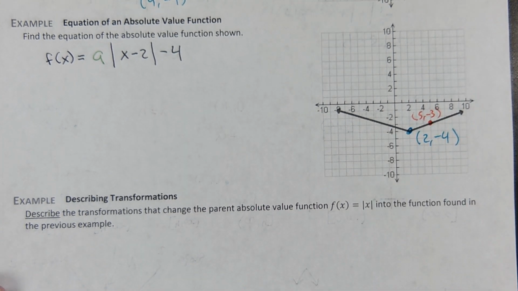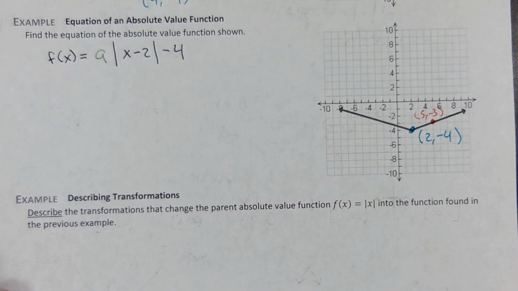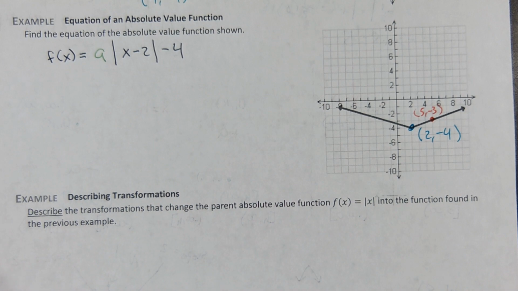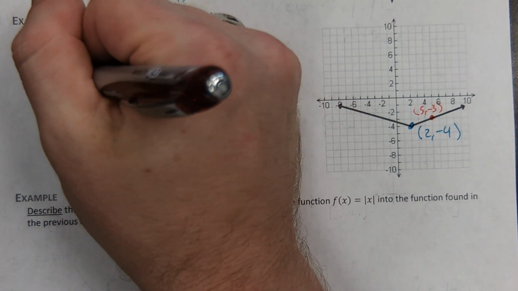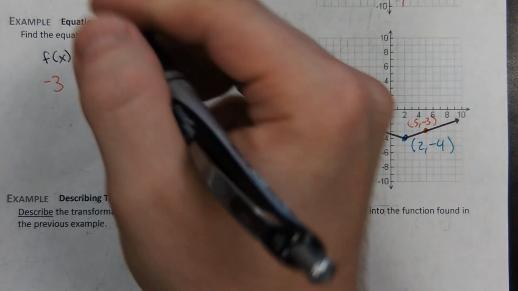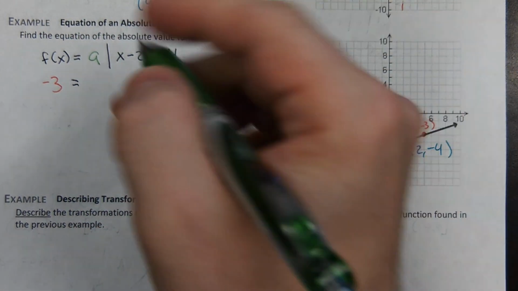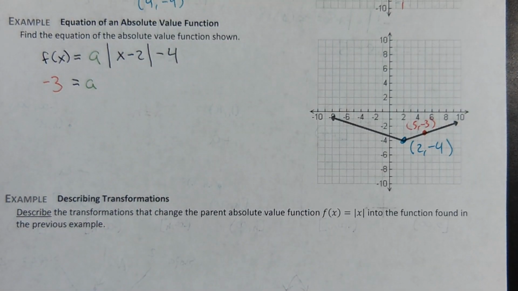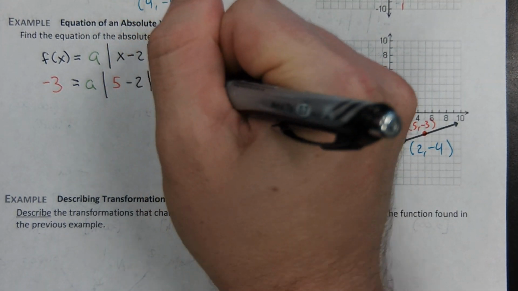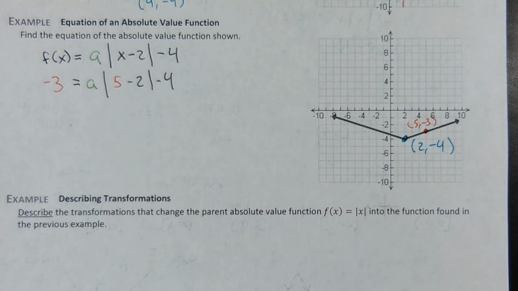And you're going to substitute the value for x and the value for y into this equation. Our y value is negative 3. We'll be solving for a. The x value was 5. And now we just do the same stuff that we did at the very beginning of the lesson.